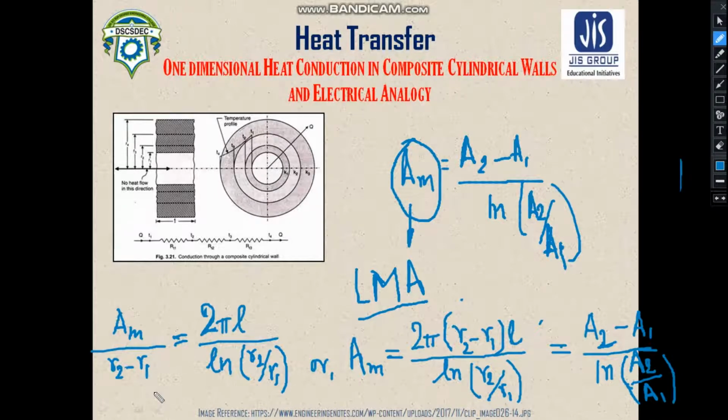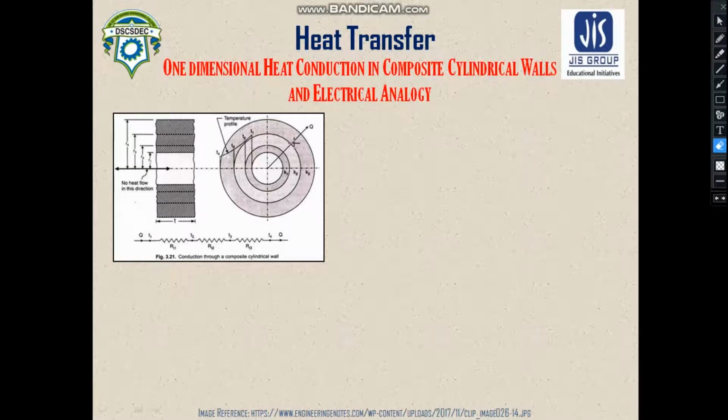In most cases, like in the expressions of heat exchangers, you will find the application of this logarithmic mean area in a very vast way. So for that reason I was insisting on discussing this topic. Now, since we have understood the concept of logarithmic mean area, we shall move on to the one-dimensional heat conduction in composite cylindrical walls using the electrical analogy. So let us start that.